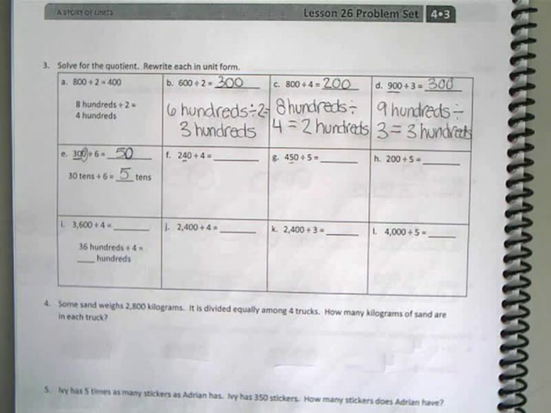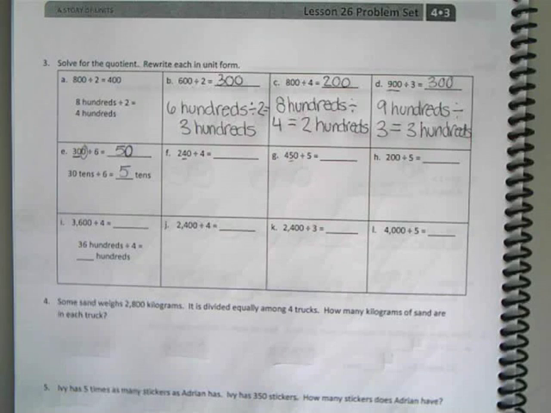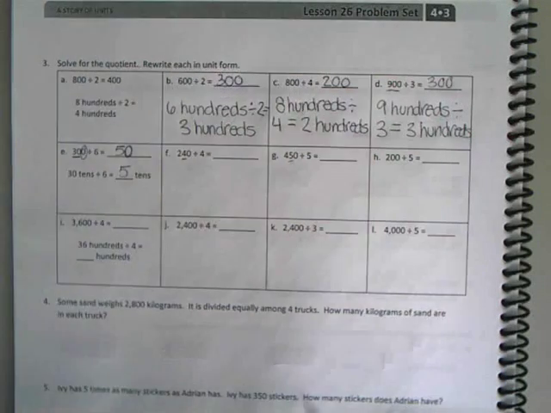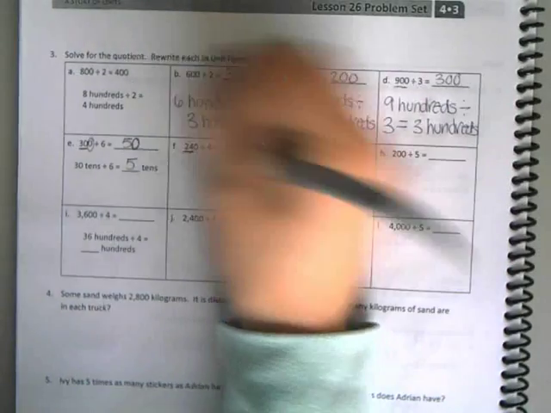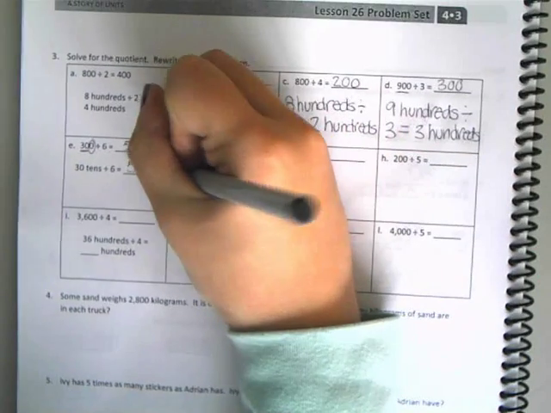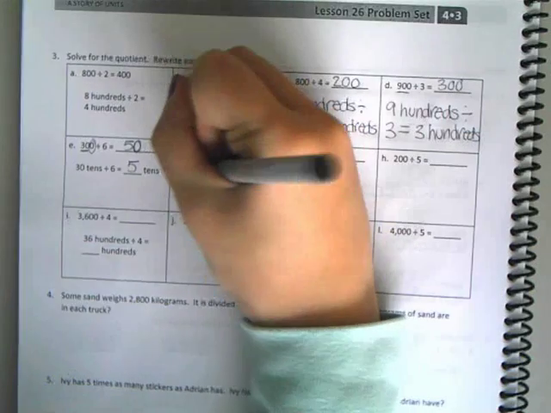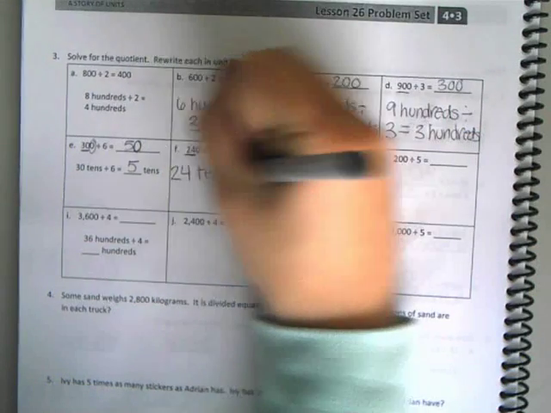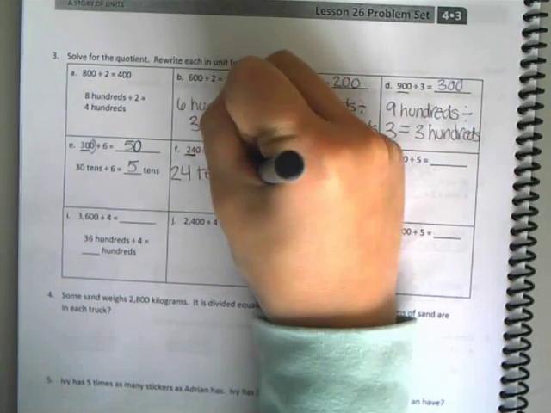All right, looks like most of you are ready to move on. So let's go over these. I'm going to tell you what I got, and then I'm going to see if our answers match, okay? So 240 divided by 4. I'm going to write down my problem below it as I go. That would be the same as 24 tens divided by 4.